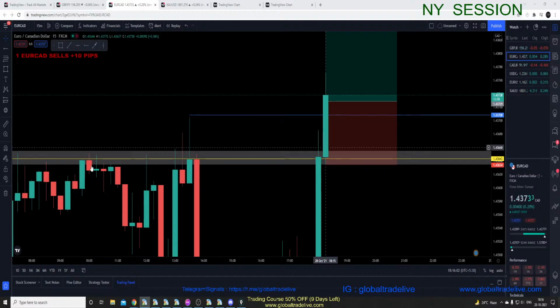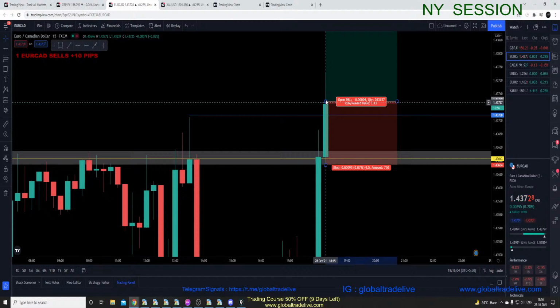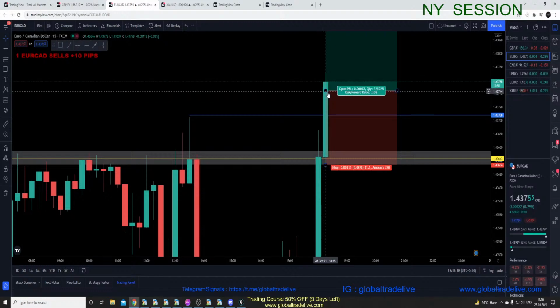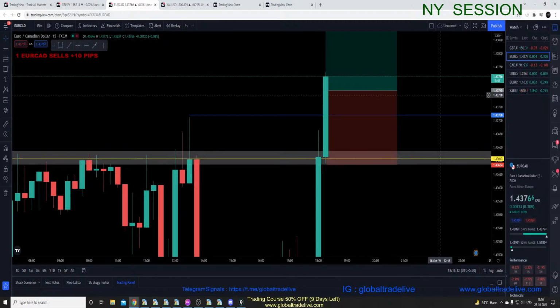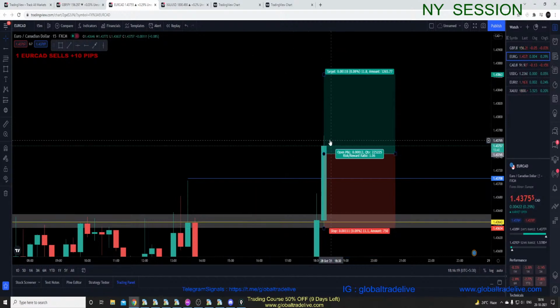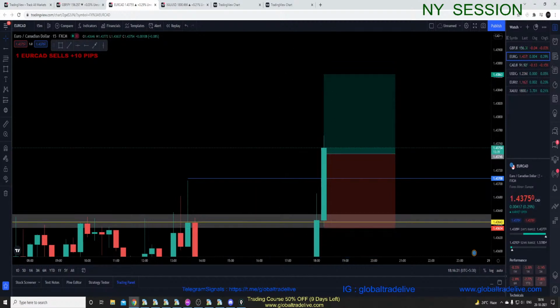Entry at 1.43746. So this is an extremely late entry I took, but it's okay. With volume it can really push up, because once it starts to move up, it will be recovering all the move from yesterday.